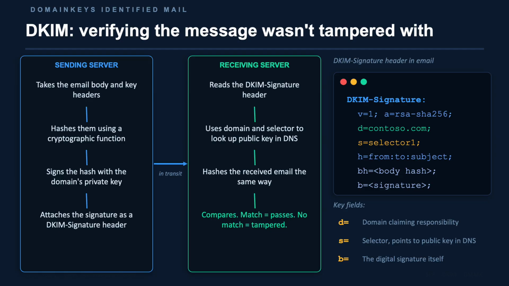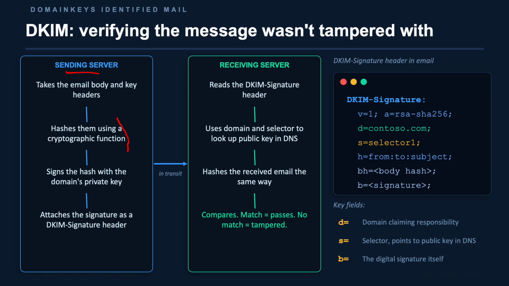You can follow the flow on screen, left to right. On the sending side, when your mail server sends a message, it takes certain parts of the email, specifically key headers like From, To, Subject, along with the body, and runs them through a hash function.